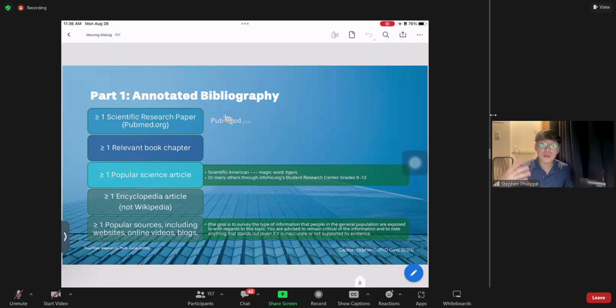Then it makes the reader curious about it, because these are not highly technical terms. So they can find it in Scientific American or any other platforms. Also, they can choose an encyclopedia article, not Wikipedia. So popular sources like websites, online videos, and blogs.